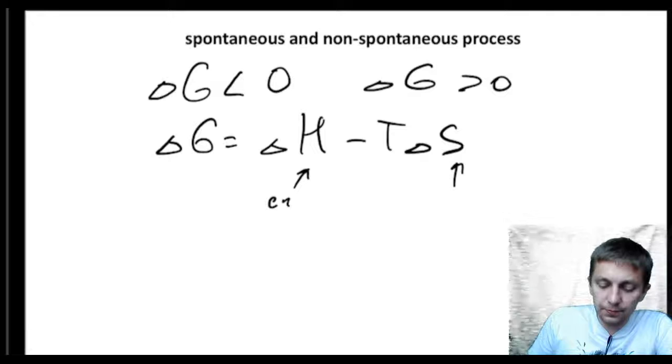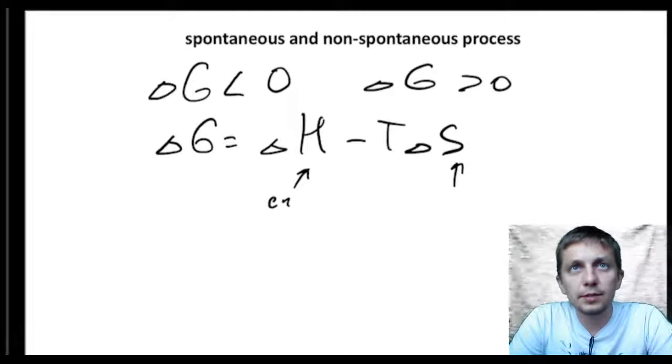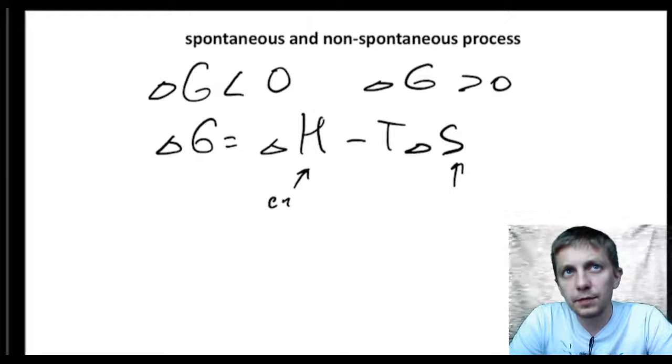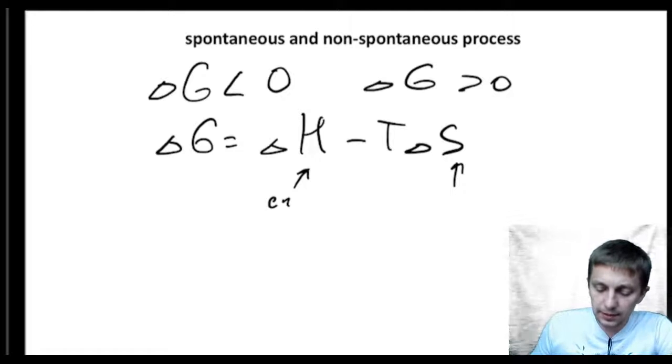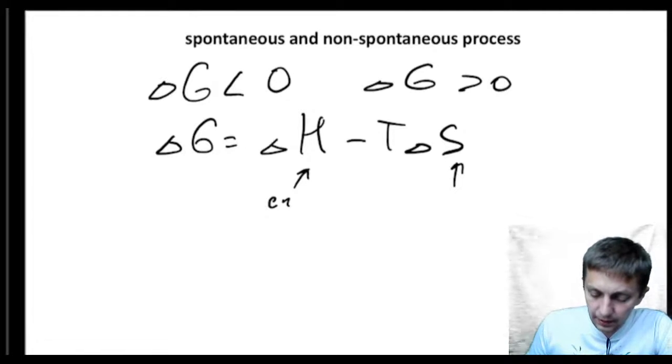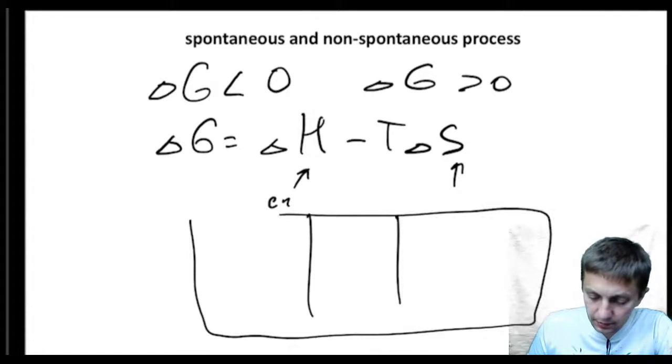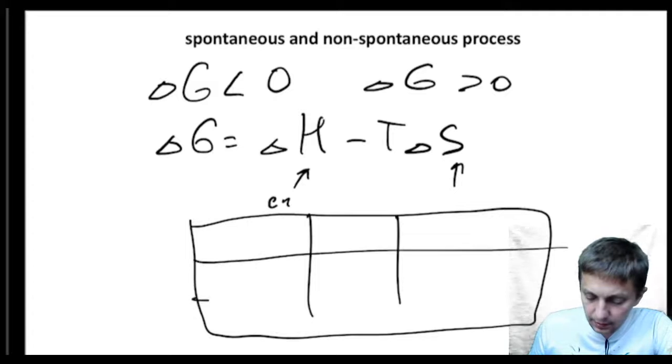As we know, a process will be spontaneous only if Gibbs energy is negative. We have several variants for when Gibbs energy is negative, because we have enthalpy and entropy, and as a result Gibbs energy.